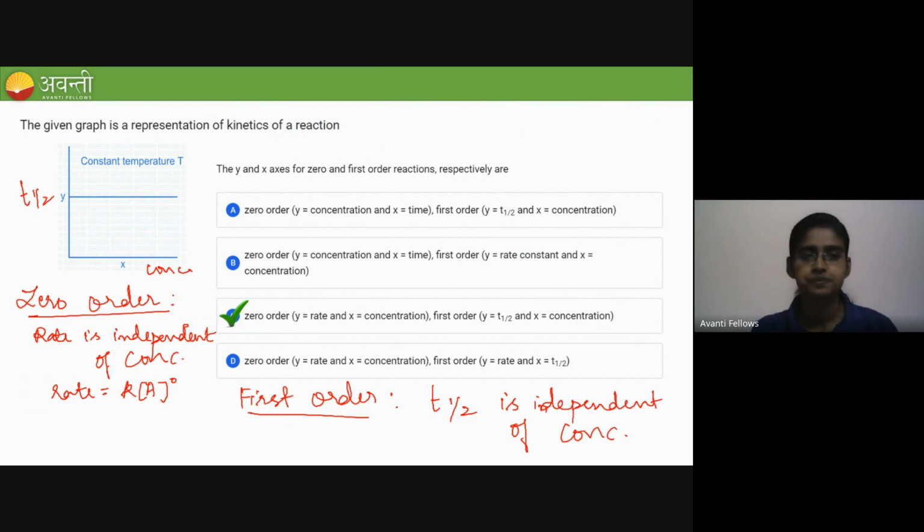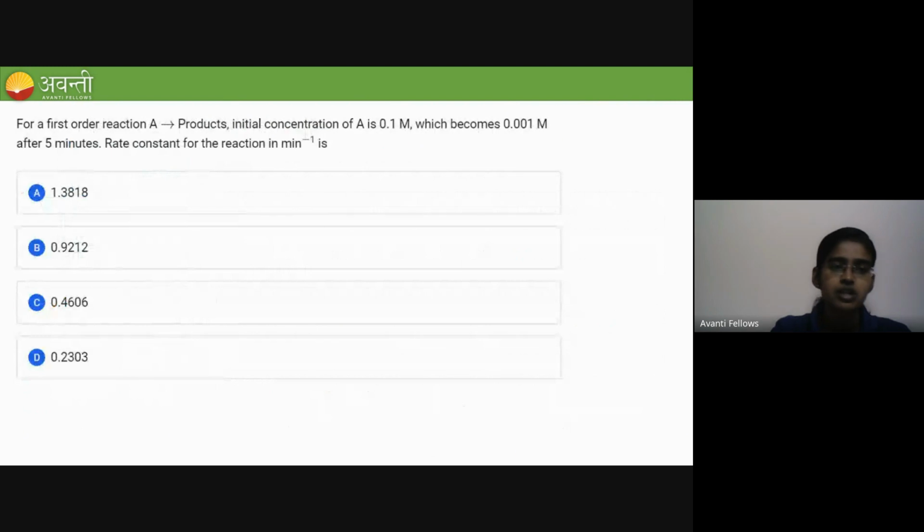Now let's move on to one more question. For a first order reaction A giving product, the initial concentration of A is 0.1 molar, which becomes 0.001 molar after 5 minutes. Find the rate constant for the reaction in minute inverse.